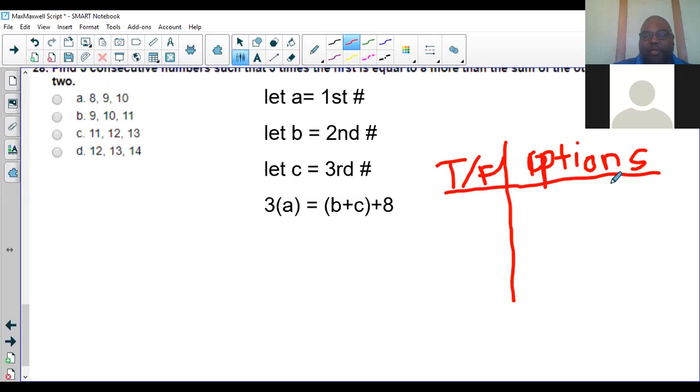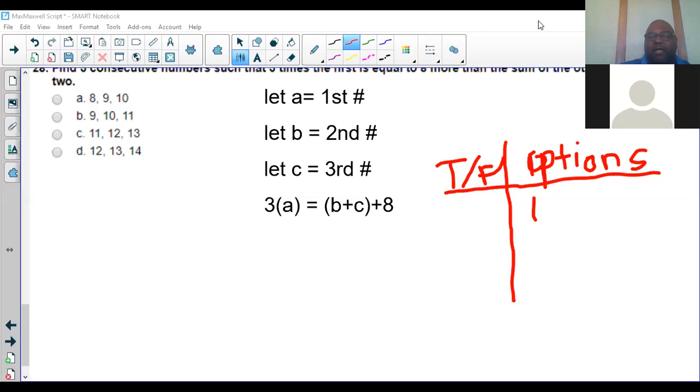We're going to look at option number 1. According to option number 1, if I take 3 and multiply by 8, that should equal 24.